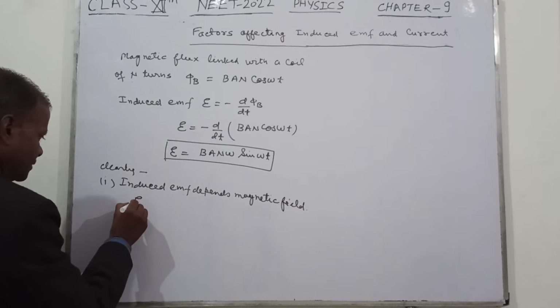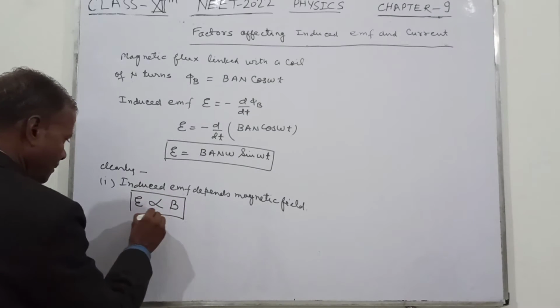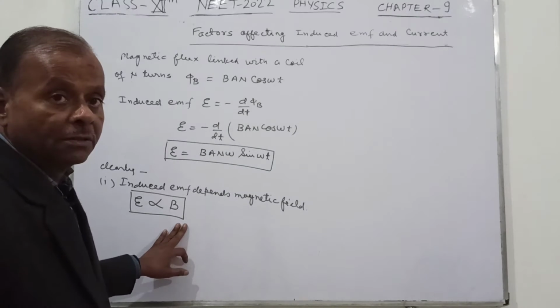So what we have, this E is proportional to B. The higher the strength of the magnetic field, the higher is the induced EMF.